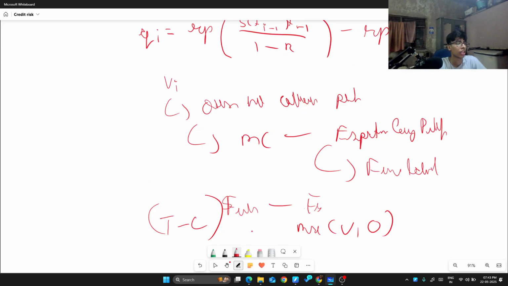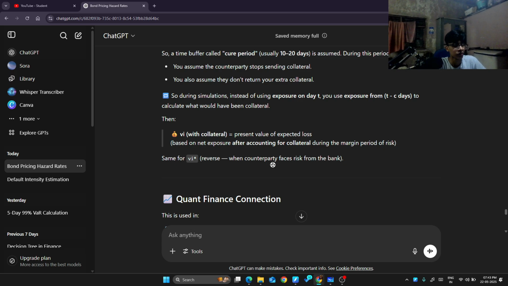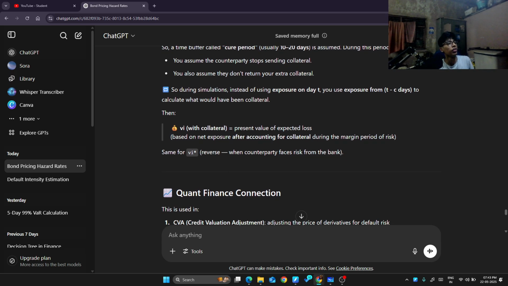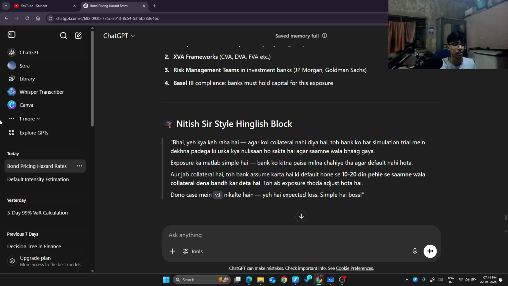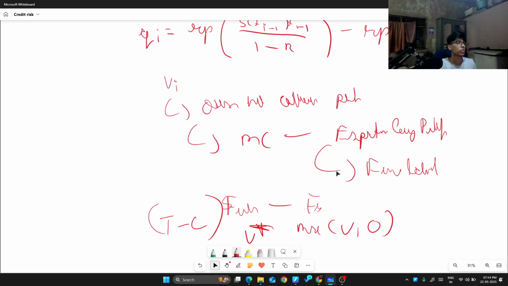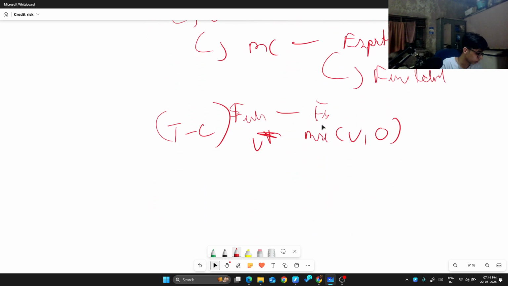In this way we can find V star, the total value of exposure, the reverse of the counterparty's, and this helps the CVA adjustment. Okay, now let's go to another topic.